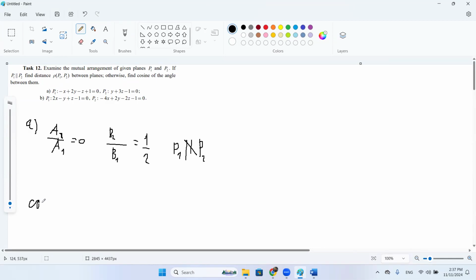So let's do it. Cosine of phi equals the scalar product, so 0 plus 2 minus 3, divided by 1 plus 4 plus 1.